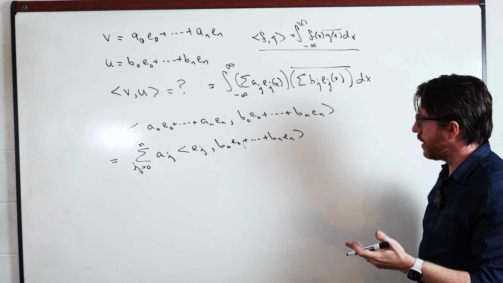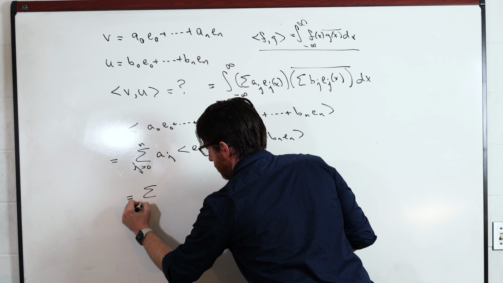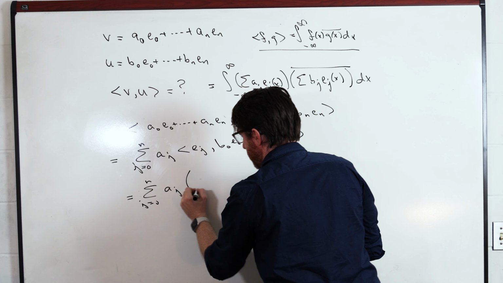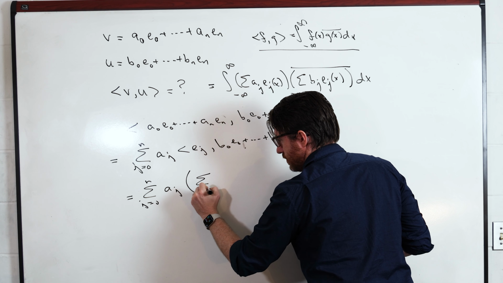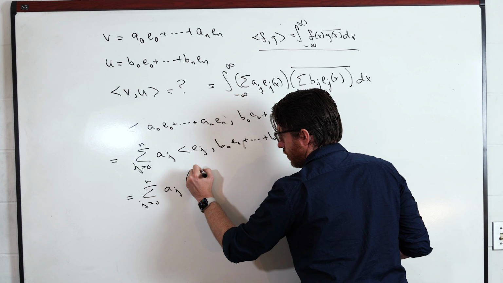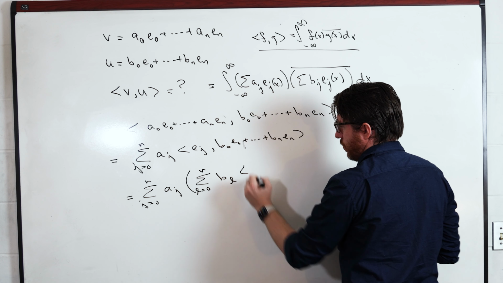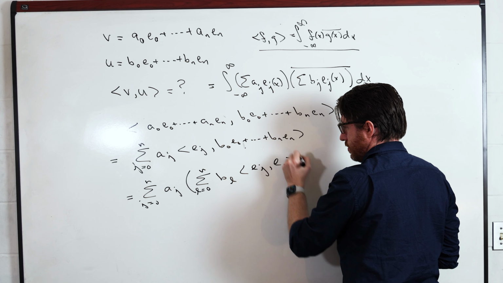Okay, so now I can do the same thing in here. So j equals 0 to n of aj against, now we have another sum, and I'll put this in terms of L going from 0 up to n. It's going to be BL, and now we're going to have EJ here, and this is going to be EL.